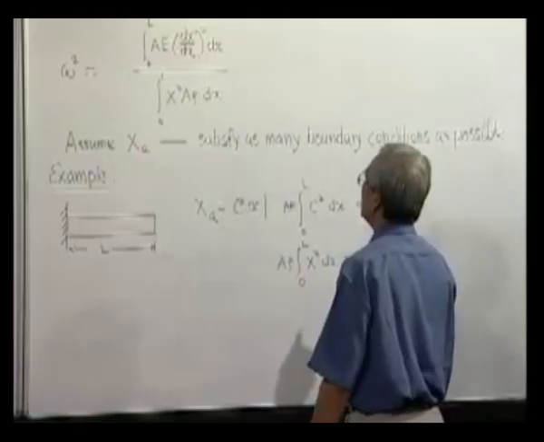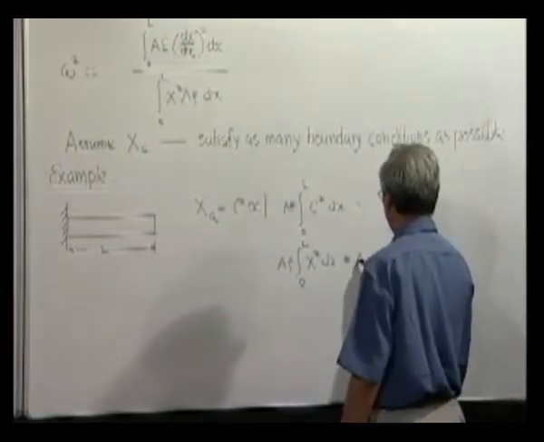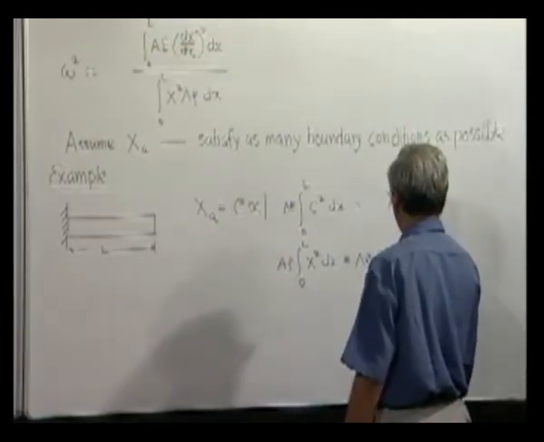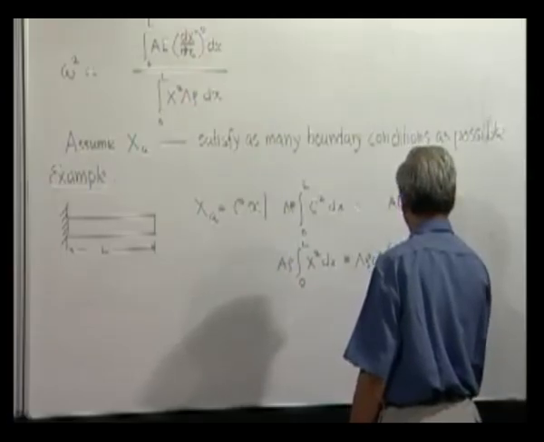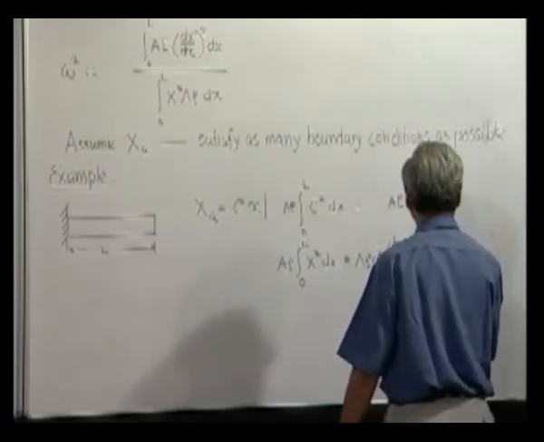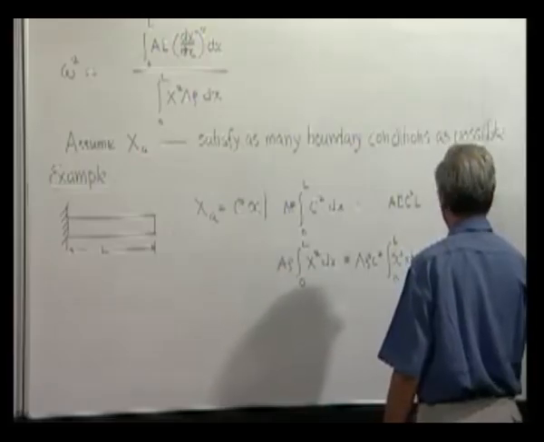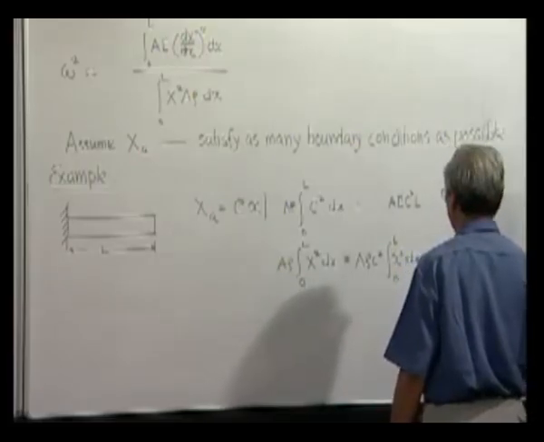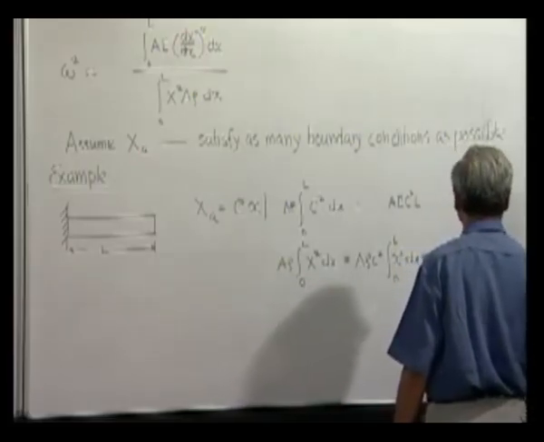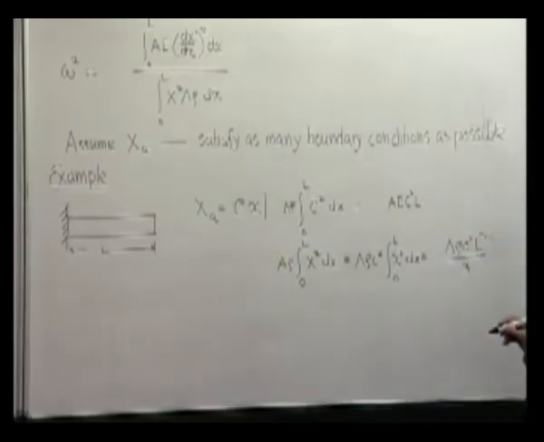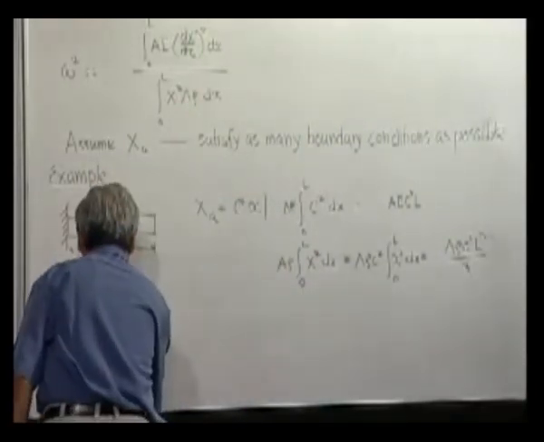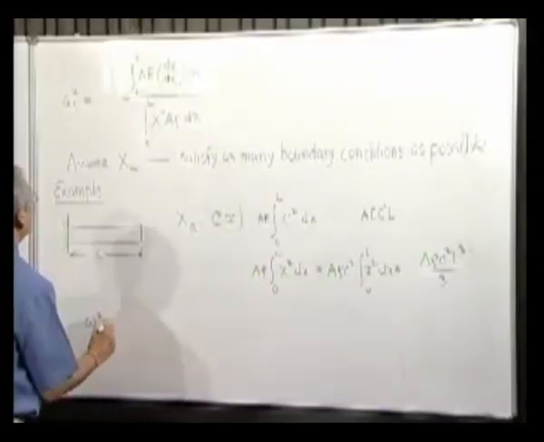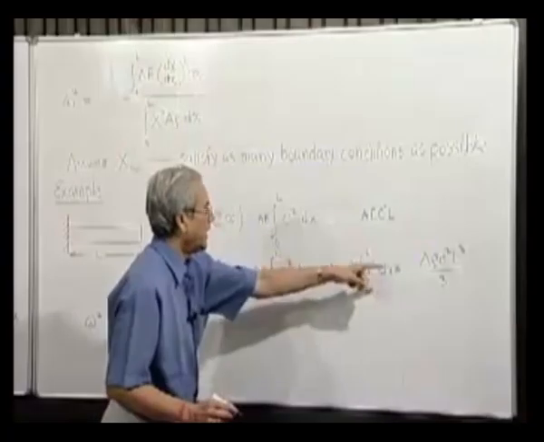So, this is equal to A rho c square L cube by 3. So using this we will get omega square approximately equal to this by this.